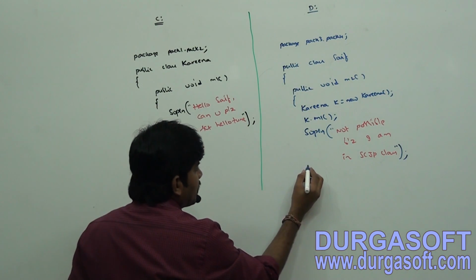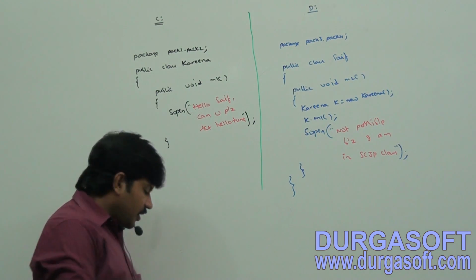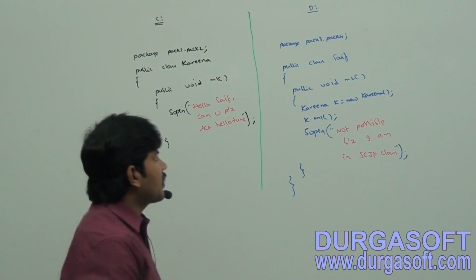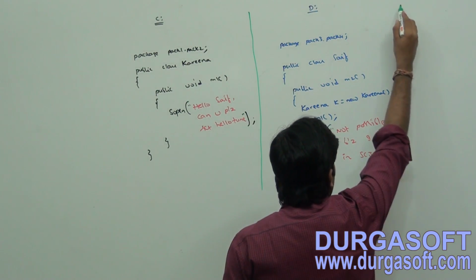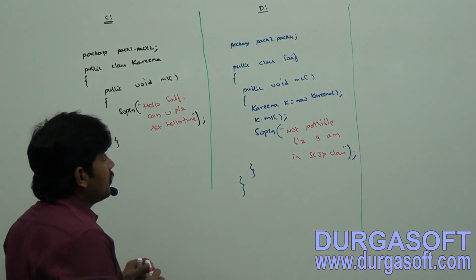Like he provided the response, m2 method and then end of the class. This is the second class we have. Now the third one, take a bit special care.